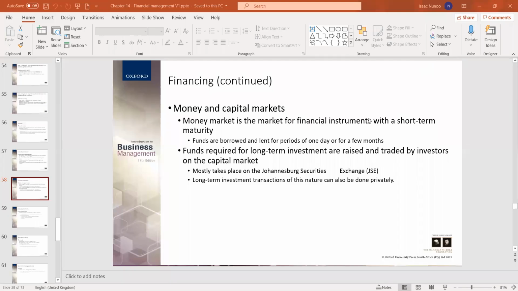There are also two types of financial market we have to understand: the money market and the capital market. The money market consists of markets where the financial instruments are short-term, with short maturity. So once you invest your money for 3 months or 2 months to earn interest, those are money markets. The capital market consists of long-term investments that are raised and traded by investors.